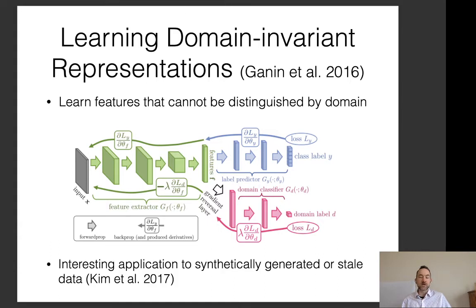These can be applied in any different way, not just necessarily domains, but they could also be applied to, for example, synthetic to real domain adaptations. So if we have synthetically generated data or data augmented data, we could use a domain discriminator, or like older data that doesn't match the current distribution we'd like to adapt to. So this paper by Kim et al. demonstrates how this can be done as well.